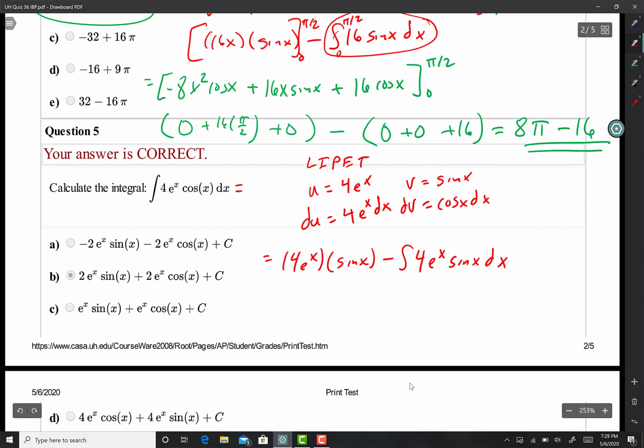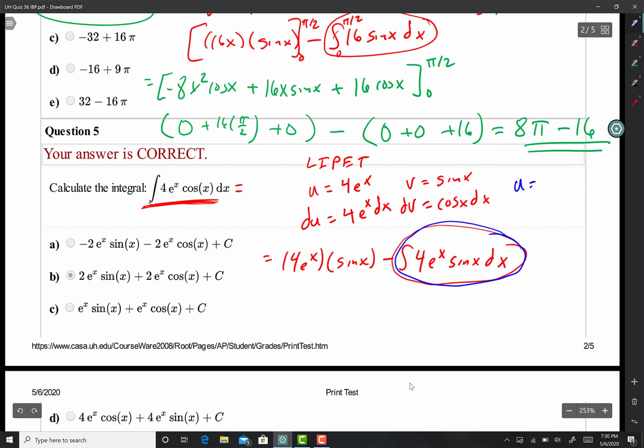Okay, now it looks like we're just going to keep toggling back and forth over and over again, which is fine. As long as I can get it to look like 4e to the x cosine x again, which I am. I'm about to do that right now. So I'm going to circle this in blue.